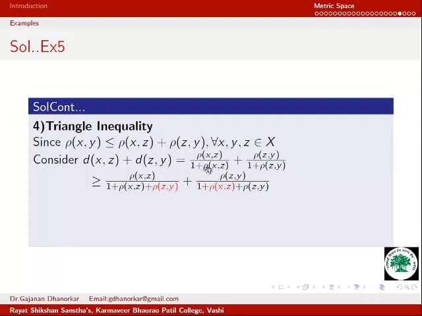And if we are adding in the denominator, this number goes on decreasing. Therefore I am taking less than or equal to. That means this number is greater than this number, because I am adding in the denominator. Here I am adding rho of zy and rho of xz, because both terms are positive, since rho is a metric.